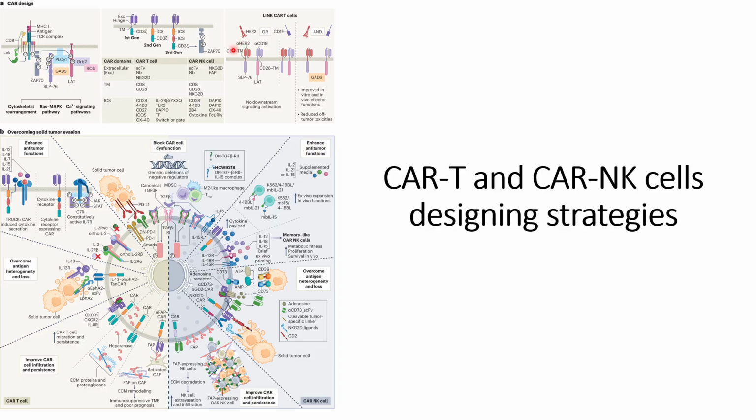So we modify the downstream signaling pathway so the intracellular signaling does not get suppressed once the cells interact with the ligand that would inhibit the activation of the T cells.